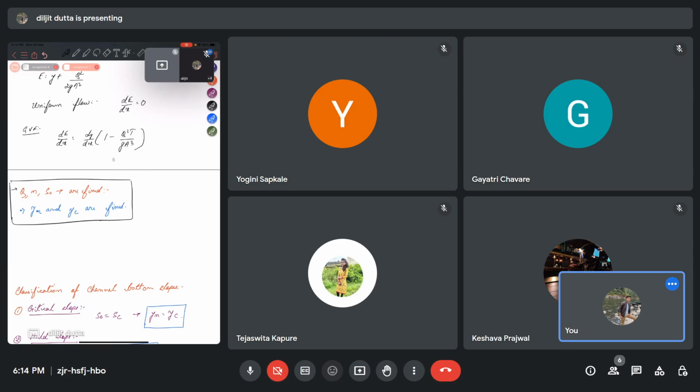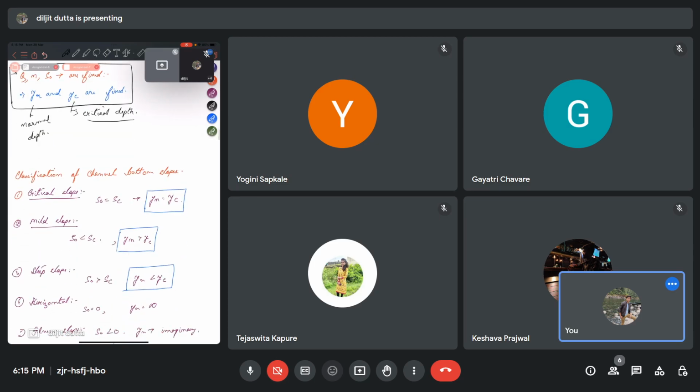And secondly, yn and yc are fixed, where yc is the critical depth and yn is the normal depth. The normal depth corresponds to uniform flow and the critical depth corresponds to critical flow. So these two values are also fixed.